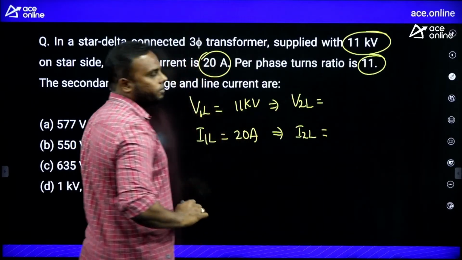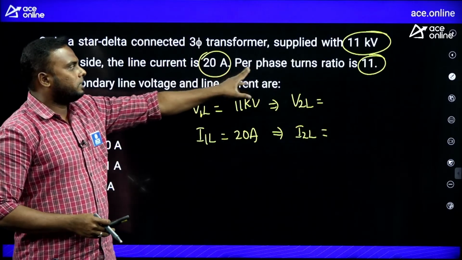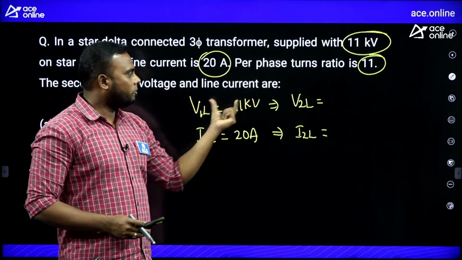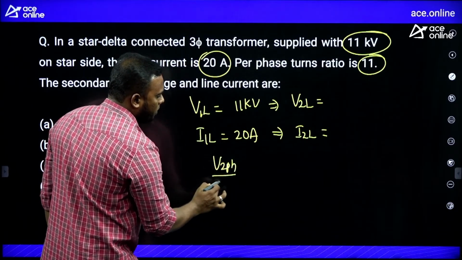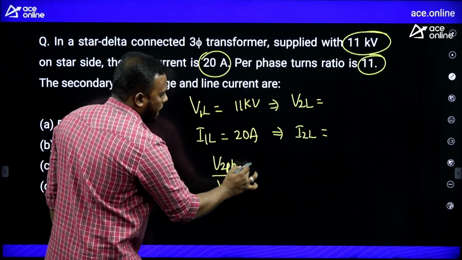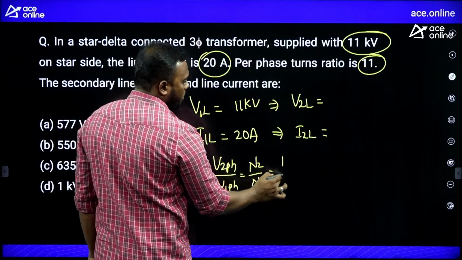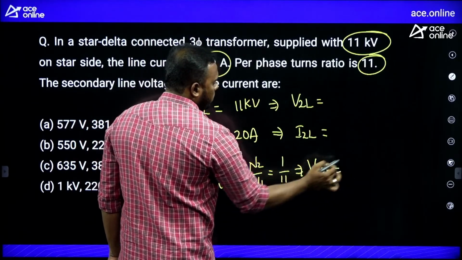How to find this? Here line values are given and the per phase turns ratio is given. As the turns ratio is per phase, we have to convert voltages also. See, V2 phase divided by V1 phase equals N2 phase by N1 phase. They gave N1 by N2, so N2 by N1 is 1 by 11. From this, V2 phase equals V1 phase by 11.